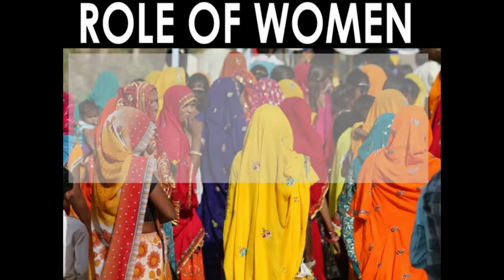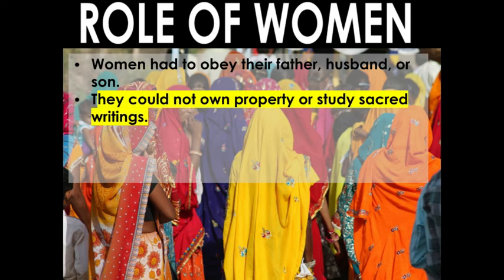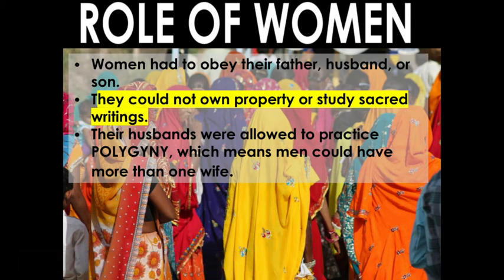The role of women in India. Women had to obey their father, husband, or son. They could not own property or study sacred writings. Their husbands were allowed to practice polygamy, which means men could have more than one wife.